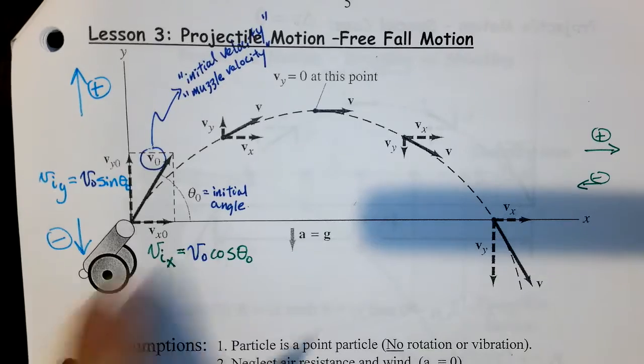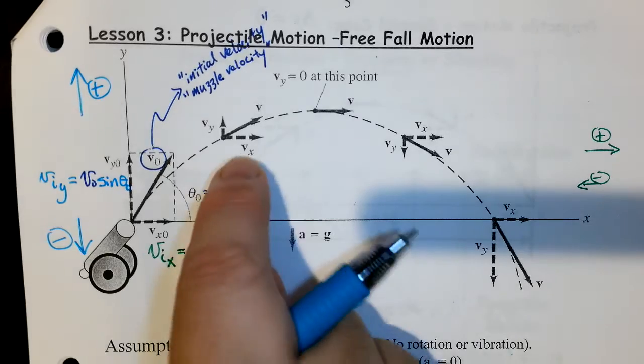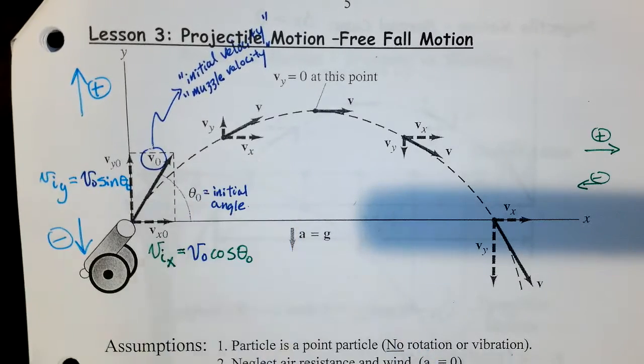Horizontally, there's nothing influencing this because we are shooting in a vacuum, so there's no air resistance, no headwind or tailwind or crosswind to influence my horizontal velocity.